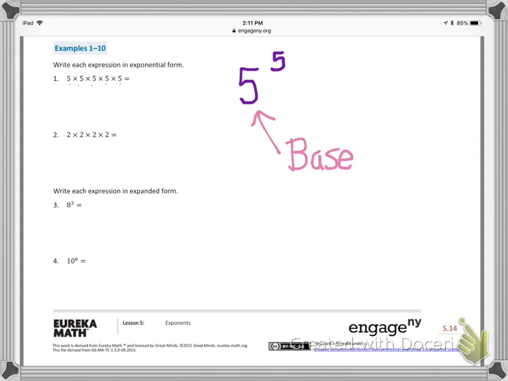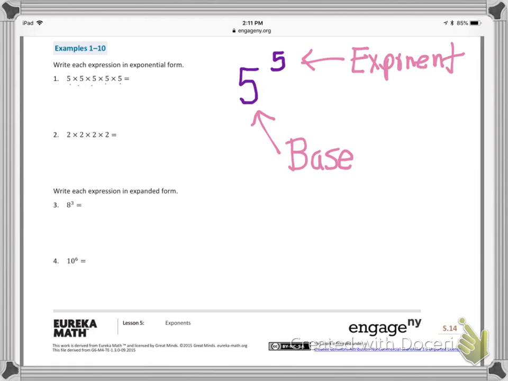So make yourself a note. The 5 is called an exponent. Okay, and that's the code. Instead of 5 times 5 to show repeated addition, now we're going to show repeated multiplication with this code. We're going to use something called an exponent.